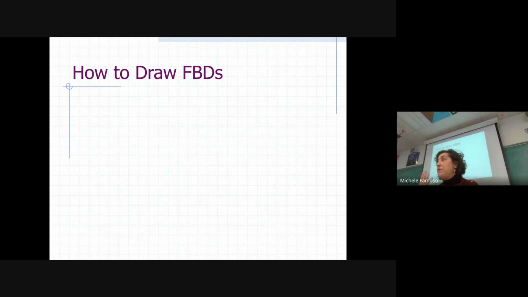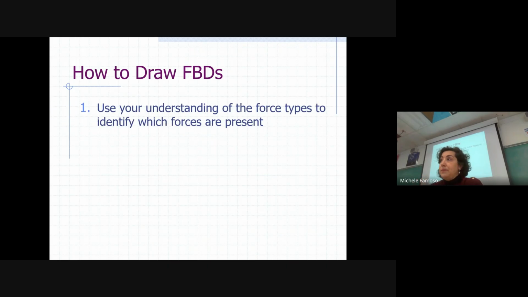So let's talk about 4 things you're going to do to help you make these diagrams. 4 steps, and then we're going to practice. Step 1, you're going to use your understanding of those forces to help you identify which forces are present in a given situation. So you would have the chart next to you and say, okay, is there an applied force? You'd be asking yourself, is there someone pushing on this thing?